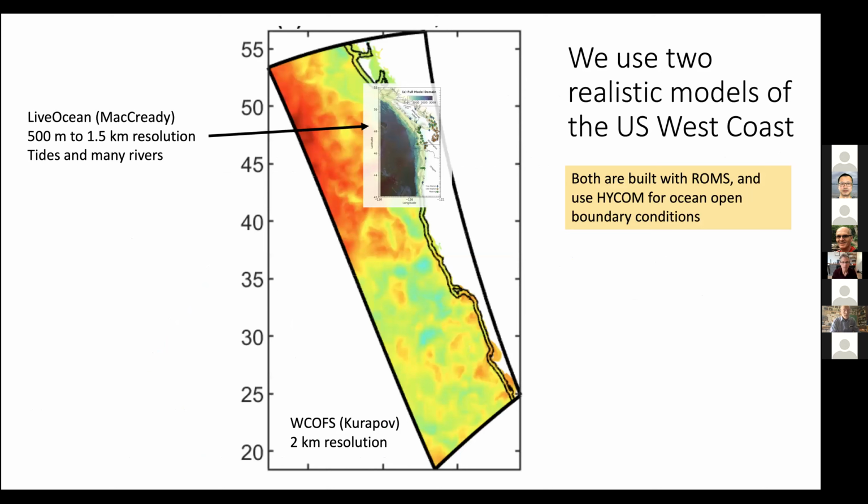Now, I'll be using model output for this and analyzing the same current meter locations that Alex showed in his talk, but I'll be using a much higher resolution numerical model. Underneath is Alex's WCOFS model, the one with all the color on it. I'm using a much smaller regional model called LiveOcean, which has much higher resolution than any of the models you've seen previously.